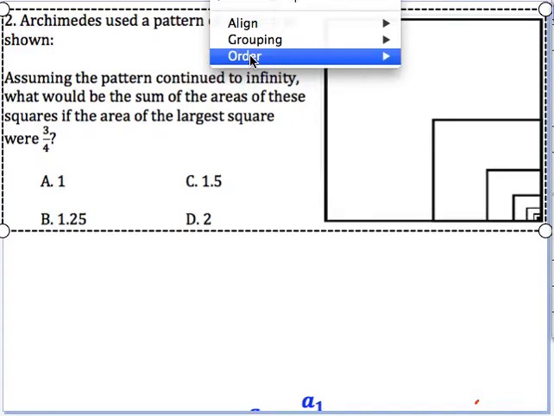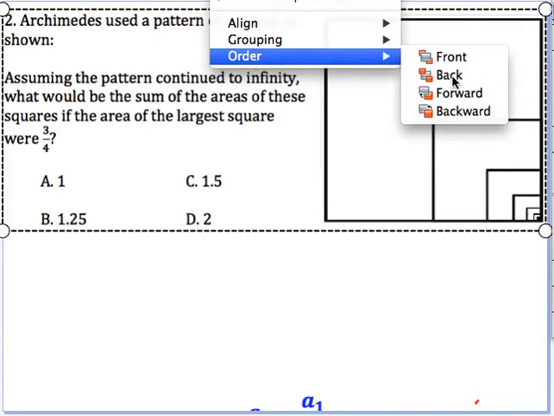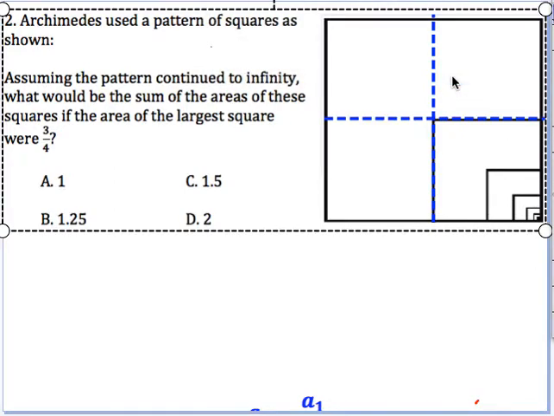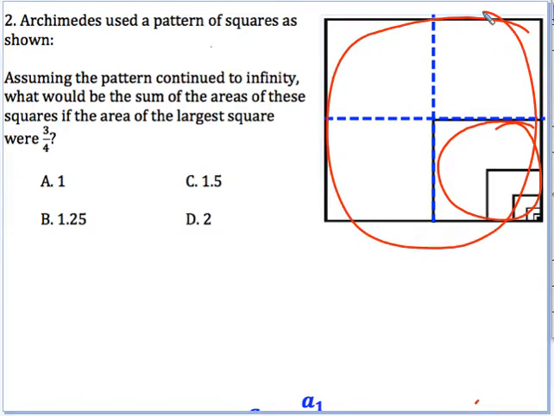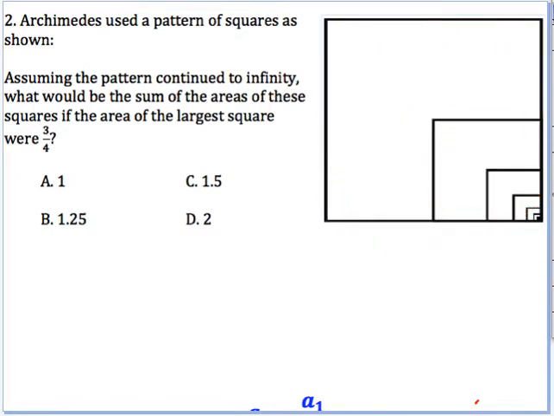So let me show you what I did. Okay, I broke the square down into 4 different sections. And so this part right here is 1/4 of the big square here. So that tells me that my common ratio is going to be 1/4.